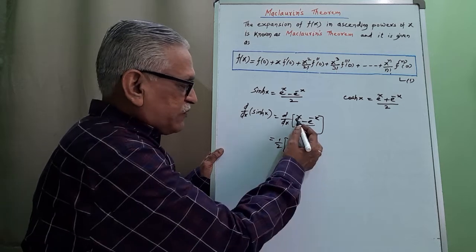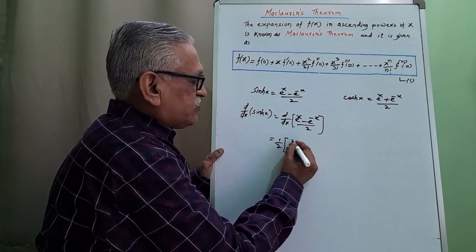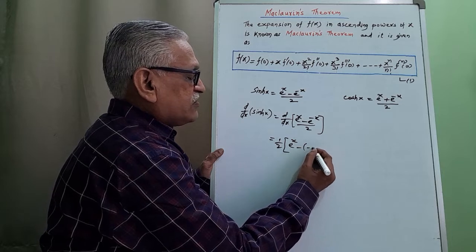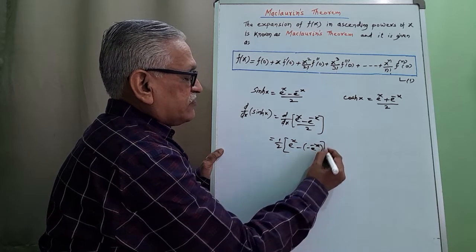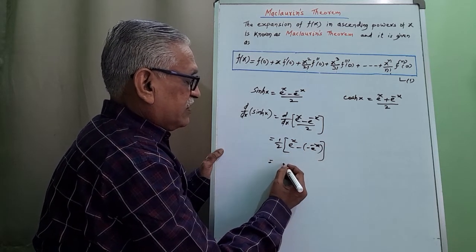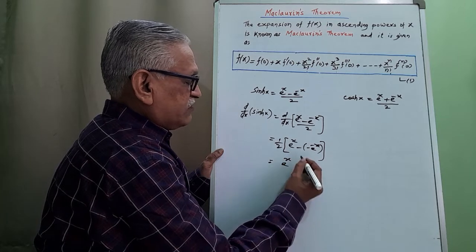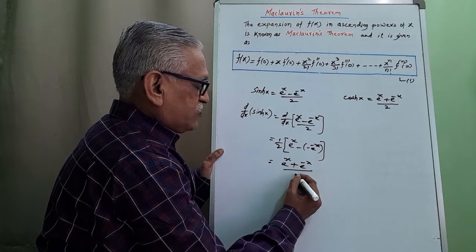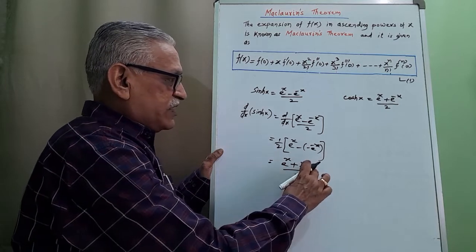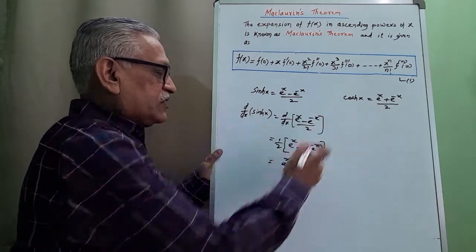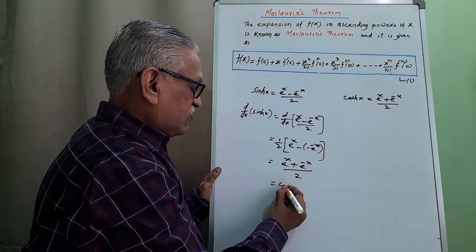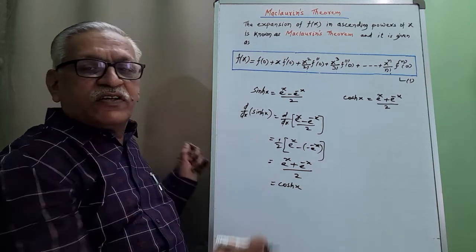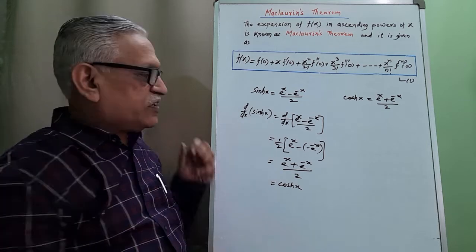Differentiating each term with respect to x, derivative of first term is e raised to x minus, differentiation of e raised to minus x is minus e raised to minus x, and we get that one as e raised to x minus minus will become plus e raised to minus x by 2. E raised to x plus e raised to minus x by 2 is nothing but cos hyperbolic of x. Means we get the derivative of sin hx as cos hx.